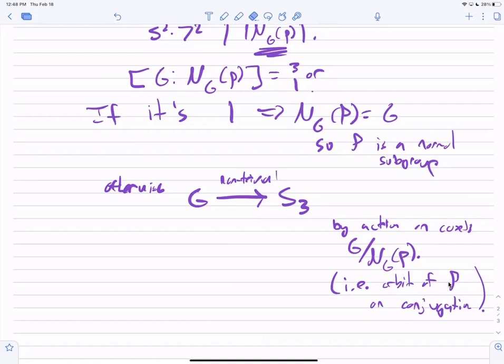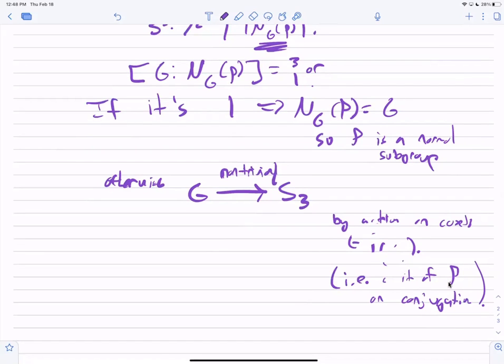You get a set of size 3 with a non-trivial action of G, so you get a non-trivial map from G to S3. By non-trivial, I just mean it doesn't send everything to the identity element. But then the kernel of this map is a non-trivial normal subgroup.